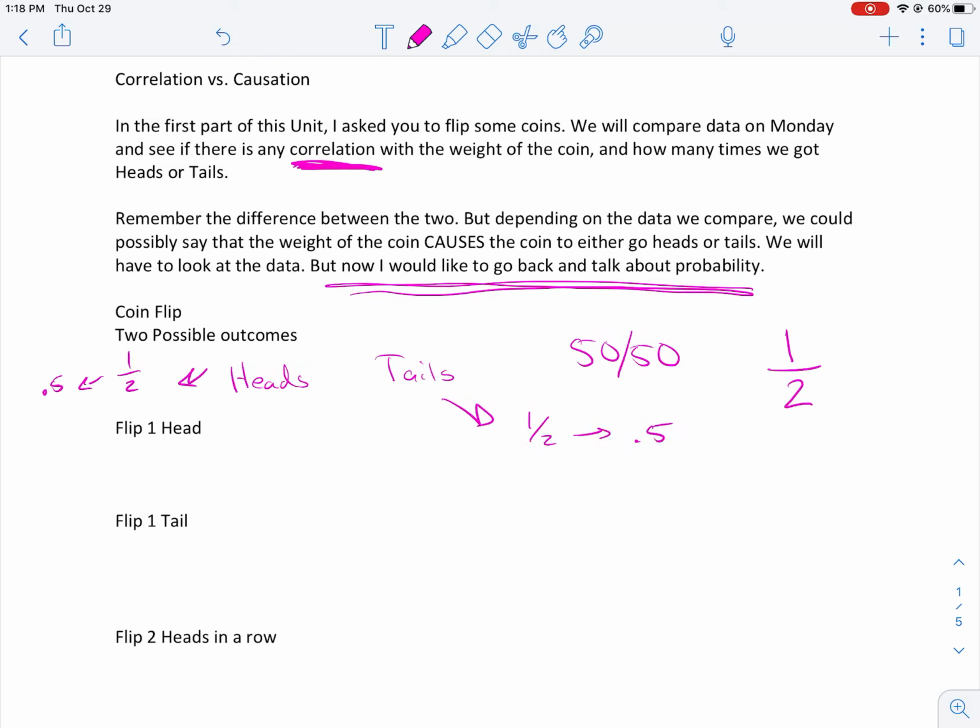You got a 50-50 chance. So we flip the coin. What's the chance of us getting one head? Well, that's 50%. The next one, flipping one tail. Since there's two outcomes, you have a 50-50 chance. So again, 0.5 or 1/2.